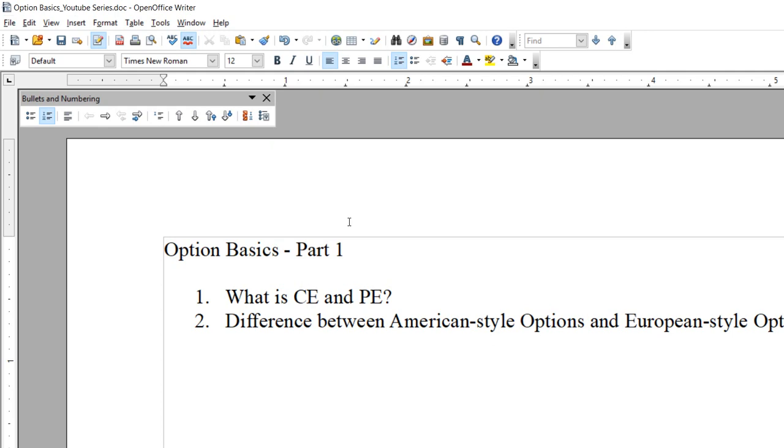In India, we follow European style because we exercise only on the day of expiry. You have the right to actually buy that particular asset or stock, and that is the reason we use European style. Now, what exactly is a call option, how it works, and how a put option works is something which I will be covering in my next videos.